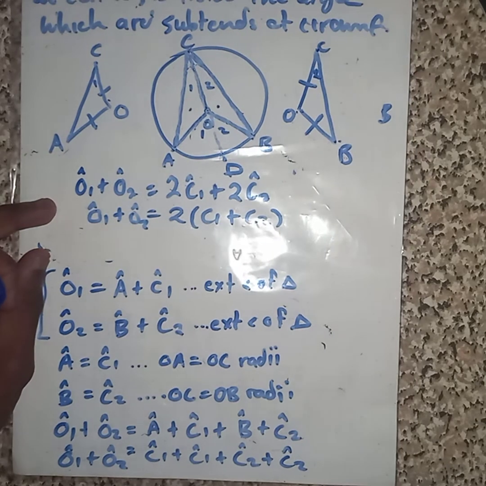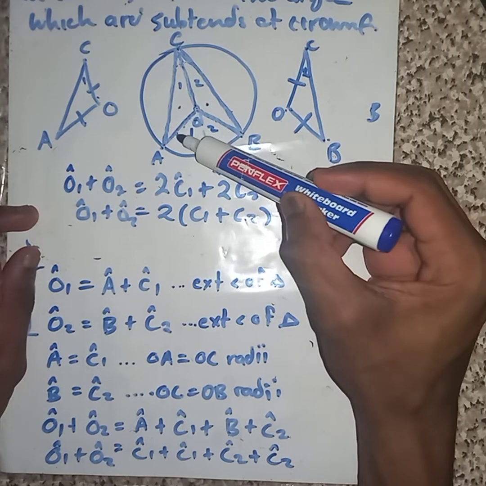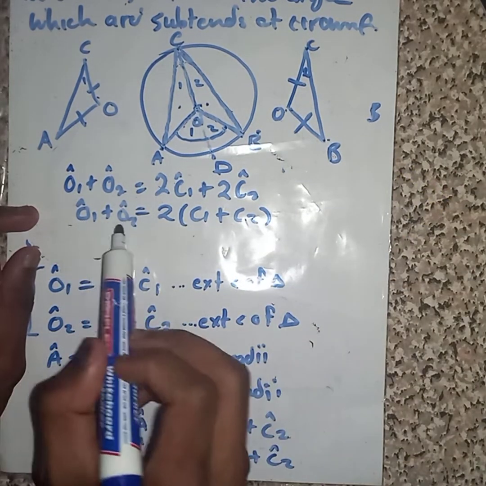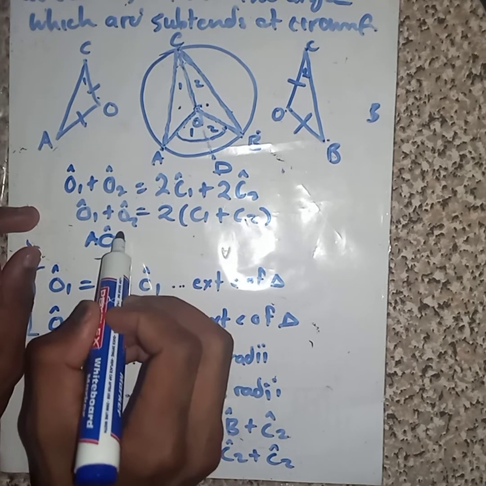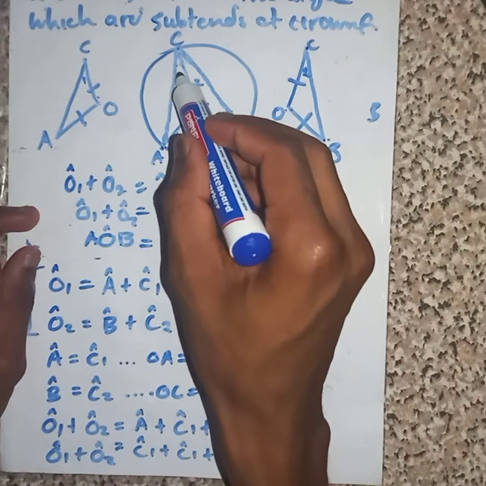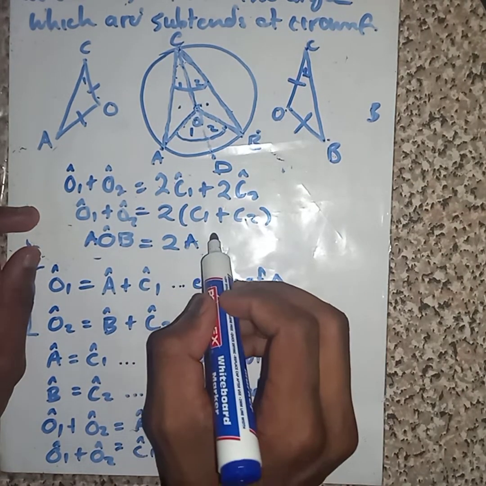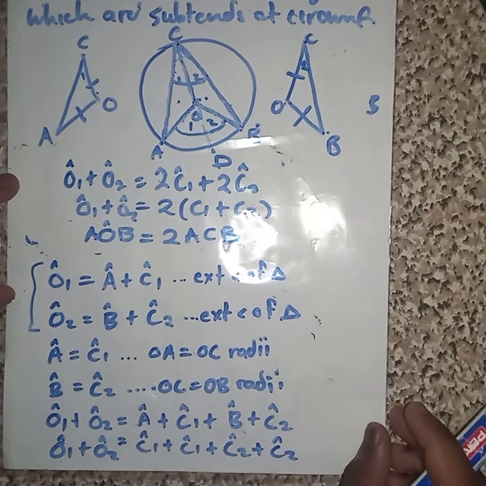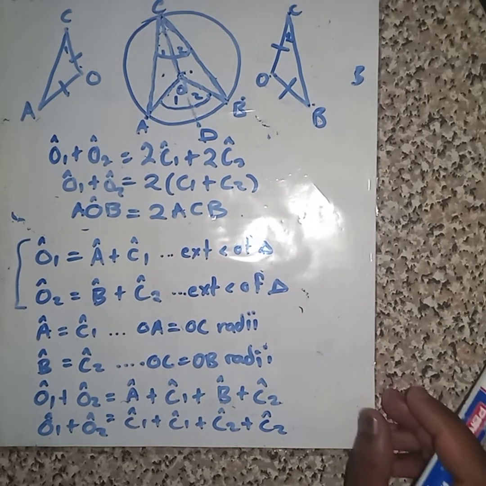Not that difficult. At this point, you can clearly see if I add O1 together with O2, I get AOB. And write 2. If I add C1 and C2, I get ACB. Then this is our proof. This is how we prove theorem 2.